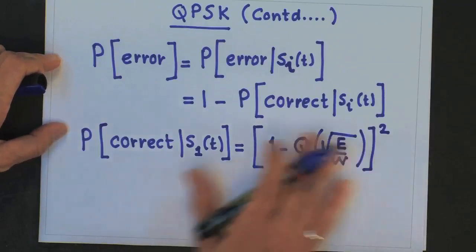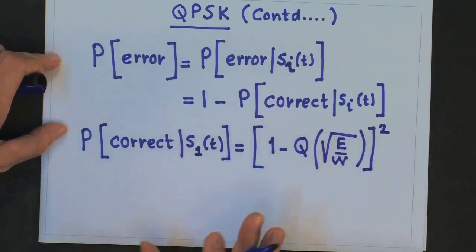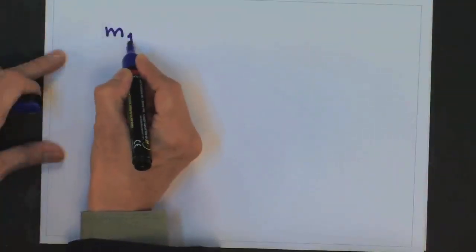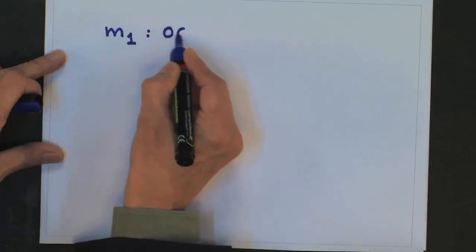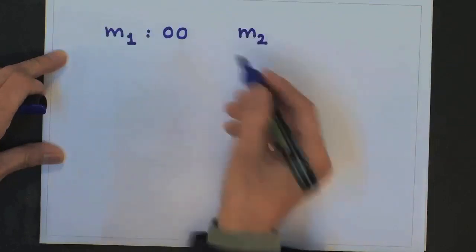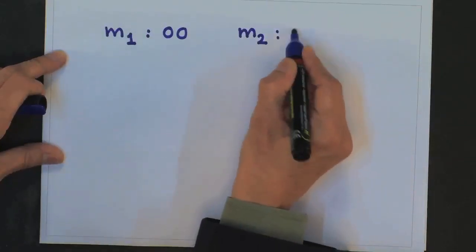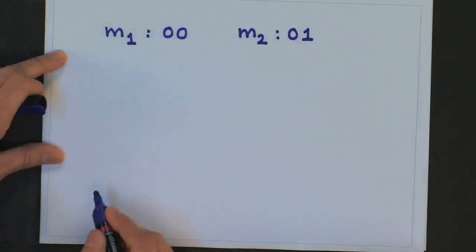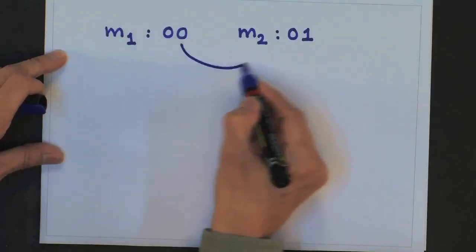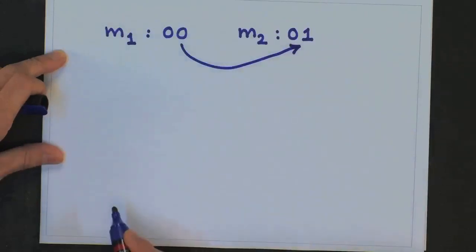Now, even though a message error has been made, it does not mean that a specific bit is in error. We took an example that if we transmit the message M1 which is 00 bits and we decide in favor of M2 which is 01, then in this case the second bit goes in error.